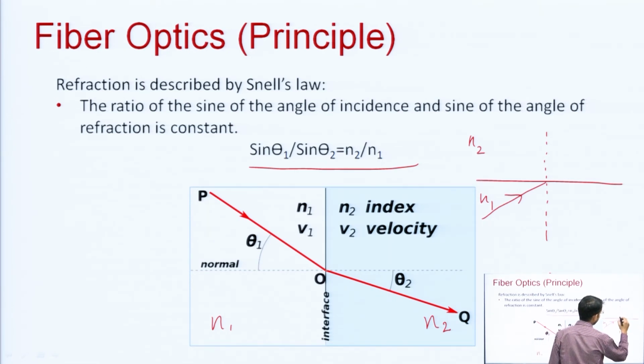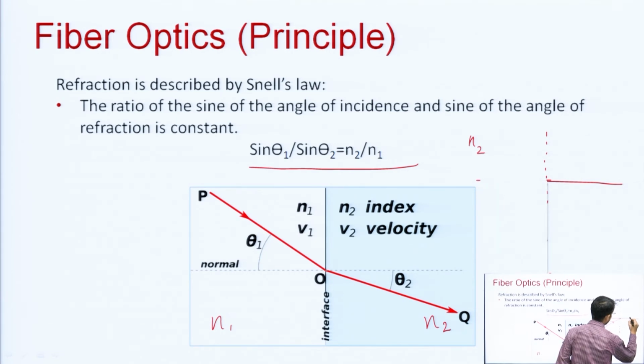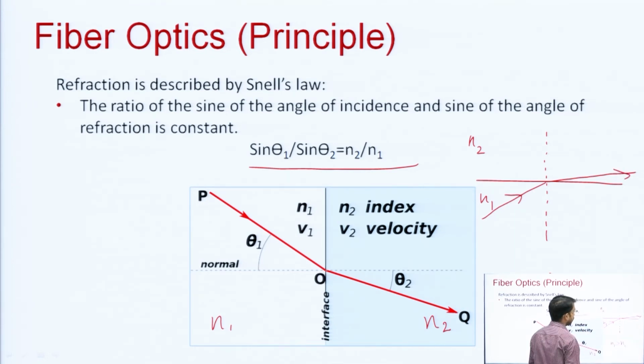Refraction will take place, and because the light ray is going from denser medium to rarer medium, it will bend away from the normal.